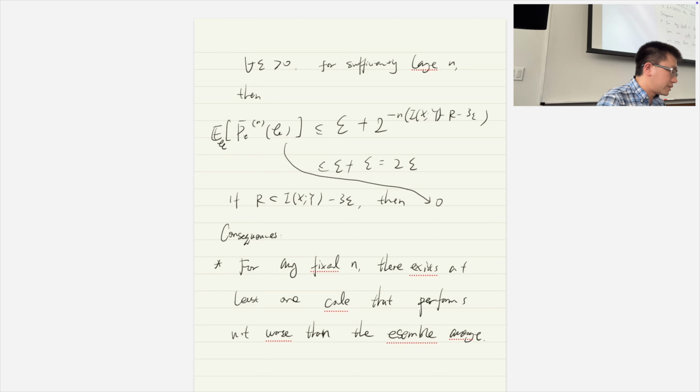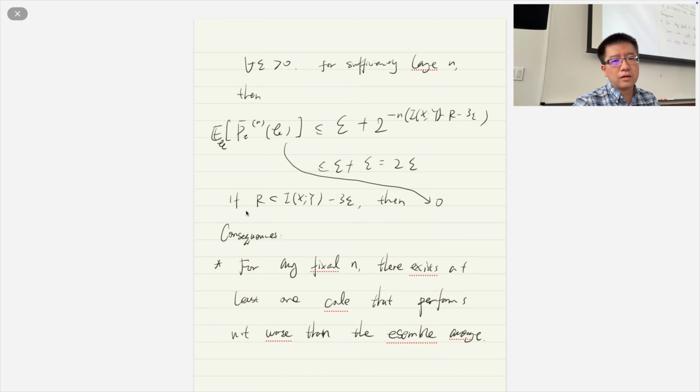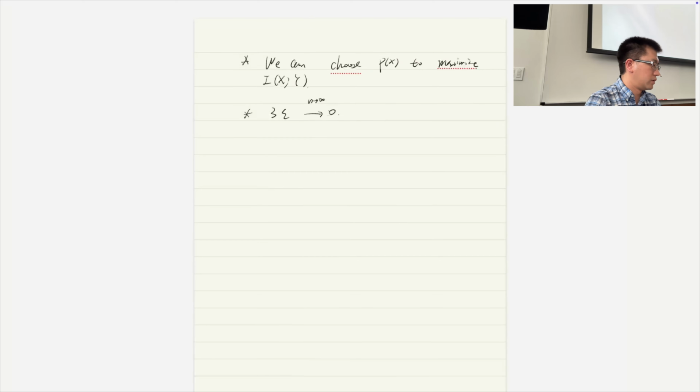Okay, so at this moment, we have shown that the average error will go to 0. We didn't find the code explicitly, but we know there exists a code such that the average error probability will go to 0, under the condition that R is less than the maximum of the mutual information over all the P_X. So this is where we are now.